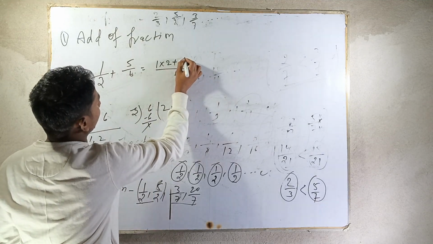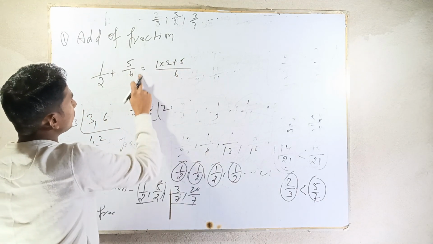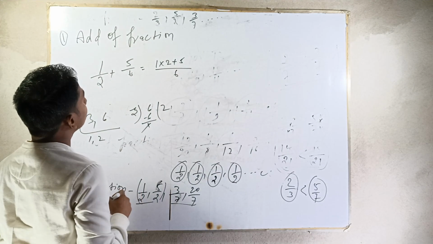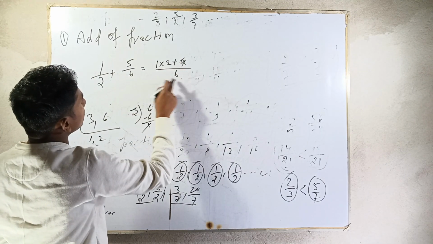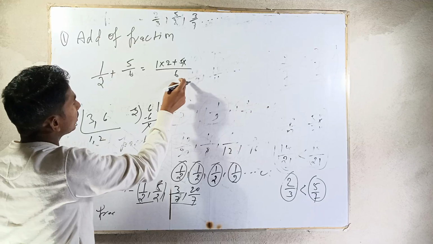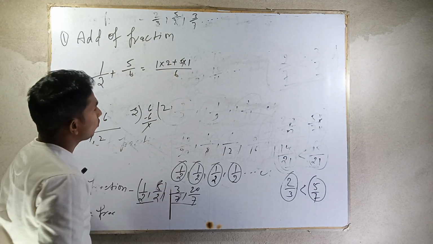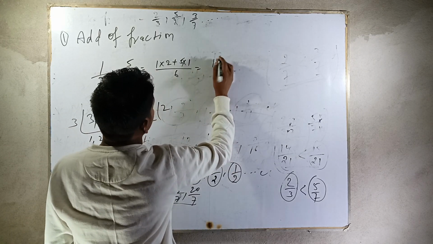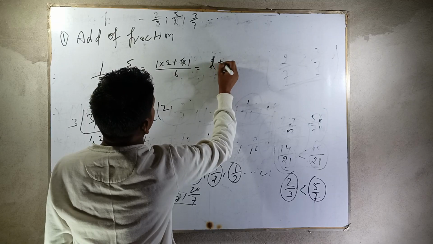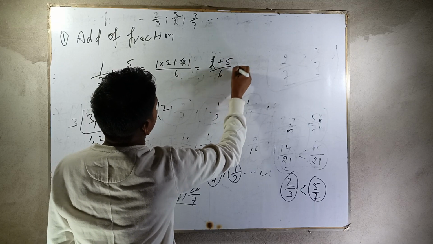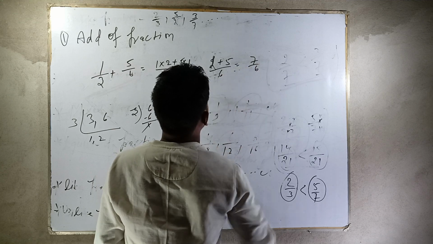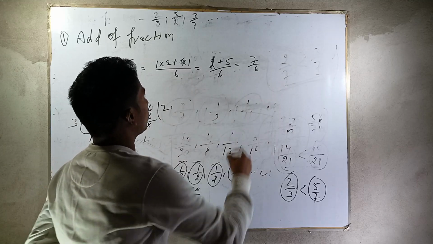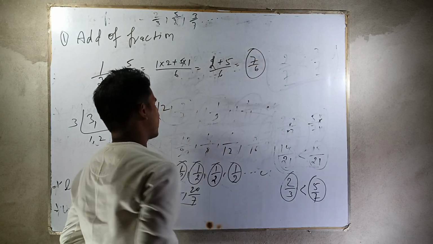Another term is 5. Now I divide 6 by this denominator 6, and its value is 1. So if I solve, I see 2 and 5, which is 7 by 6. The sum of the two fractions is equal to 7 by 6.